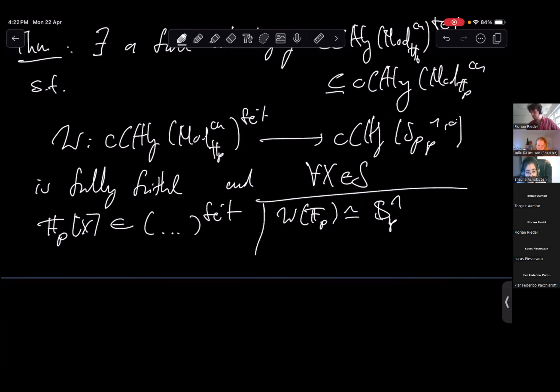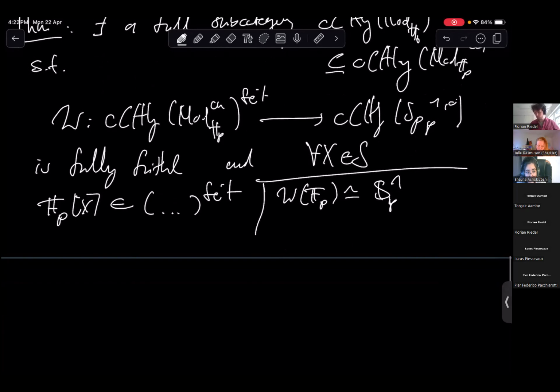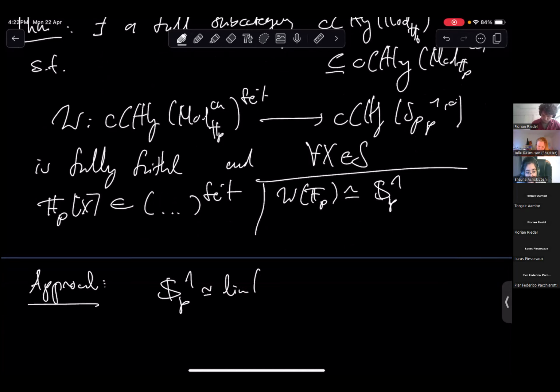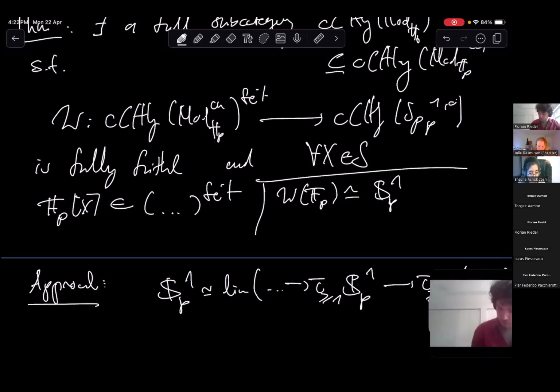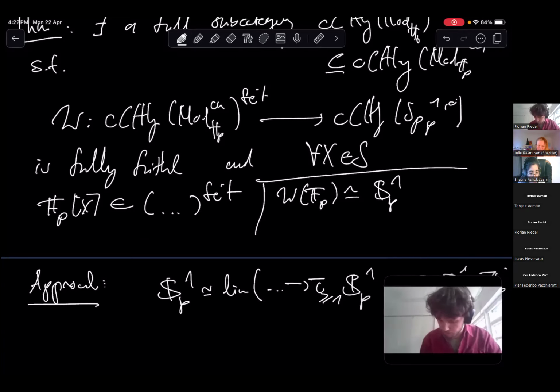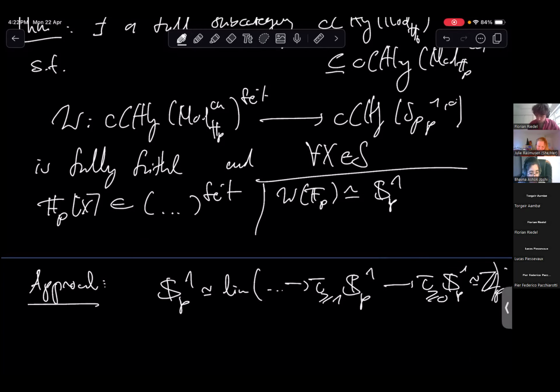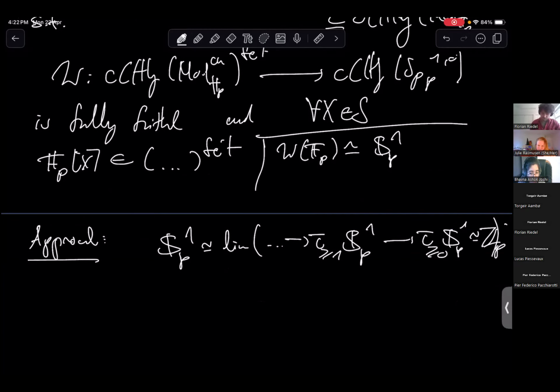Okay, so it's a cool theorem, but how do we approach it? The approach to showing this goes as follows. You can write the P-complete sphere as a limit over its Postnikov tower, all the way down to the zero truncation of the P-complete sphere, which is just Z_p.